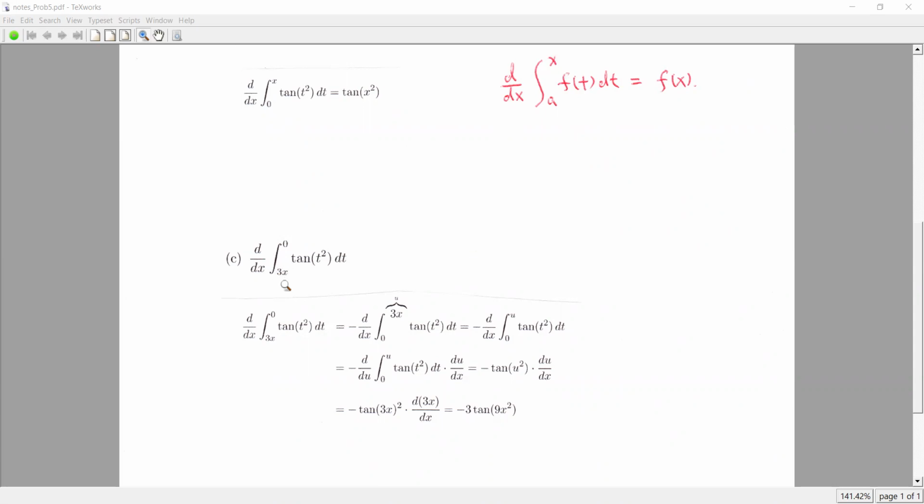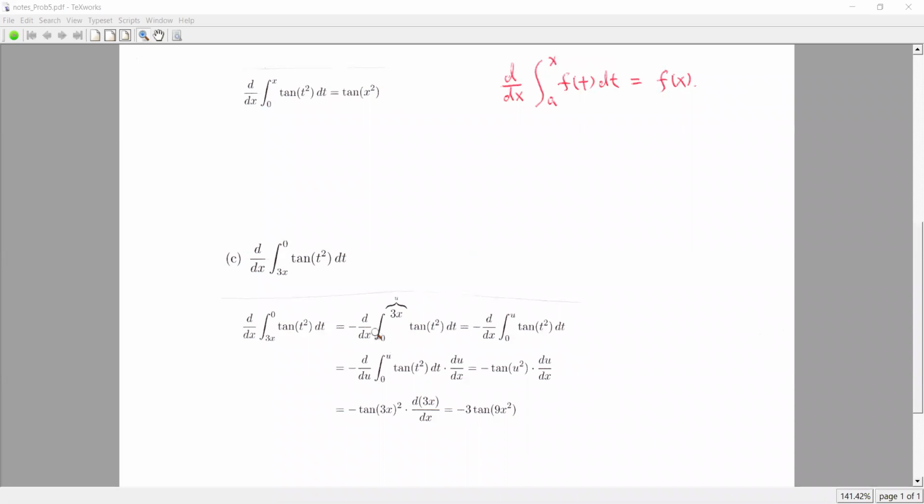To make the lower limit a constant, I switch the lower limit and the upper limit. Remember, when we switch lower limit and upper limit, don't forget to add a minus sign.